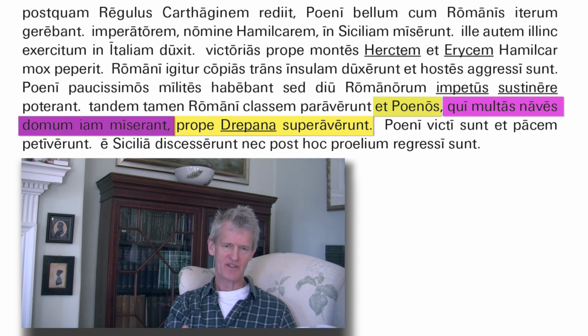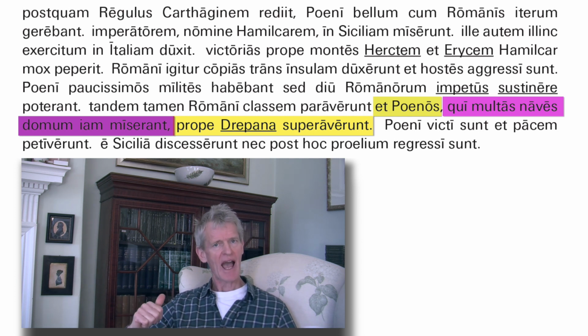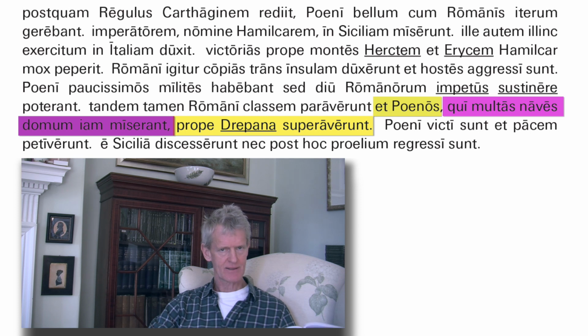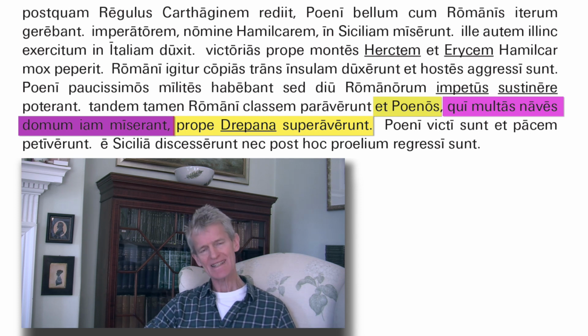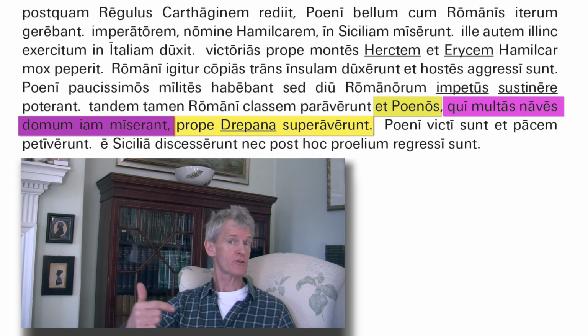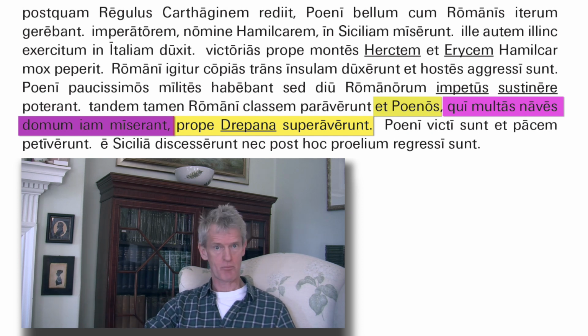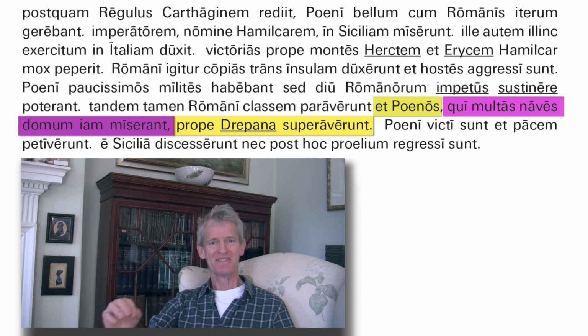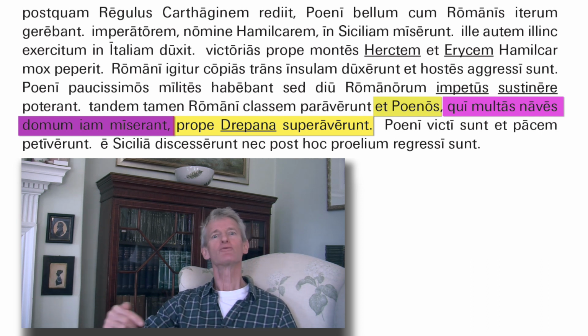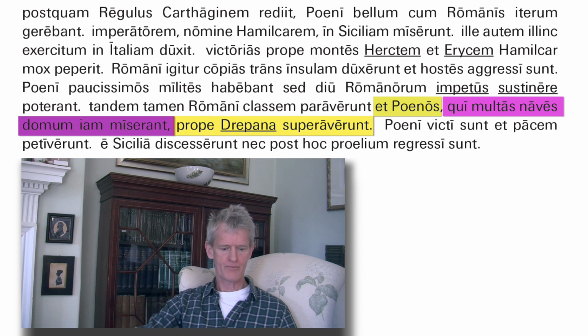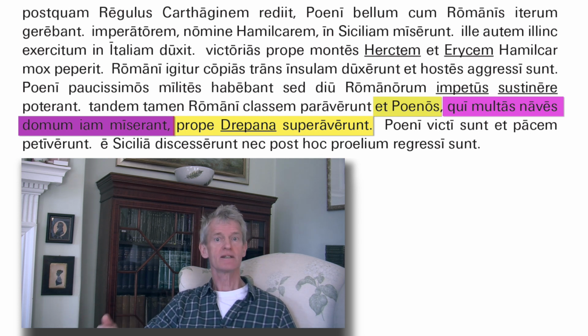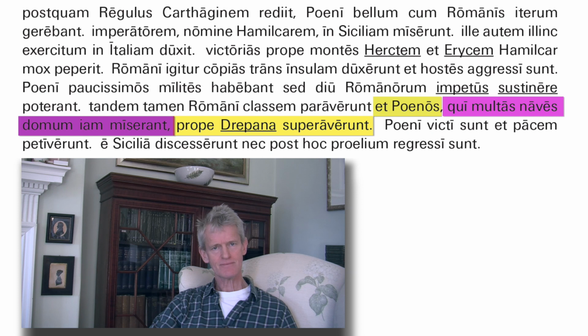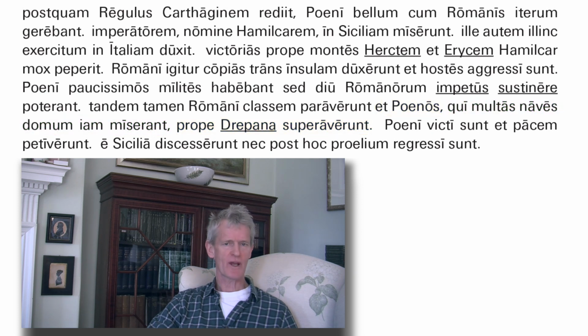So, they overcame the Carthaginians, qui, who, multas naves domum iam miserant, who, miserant, had sent, iam, already, who had already sent, multas naves domum, many ships home. So the Carthaginians, who had already sent many ships home, prope drepana, near drepana.